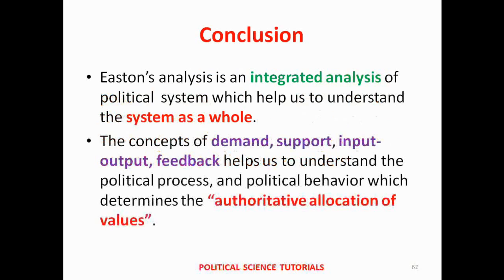In conclusion, we can say that Easton's effort of integrated analysis helps us to understand the political system as a whole. Easton's dynamic model of systems analysis, with its concepts of demand, support, input, output, feedback, helps us to understand the political process and political behavior which determines the authoritative allocation of values.